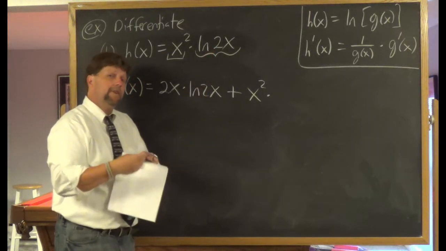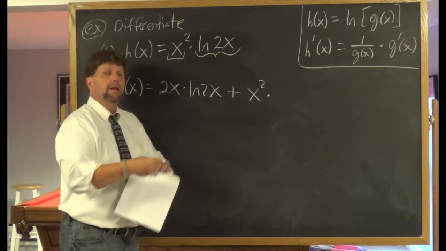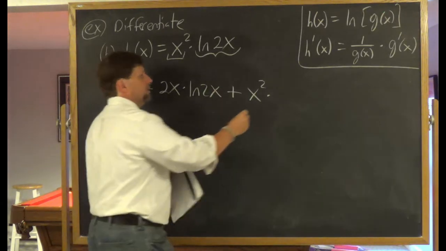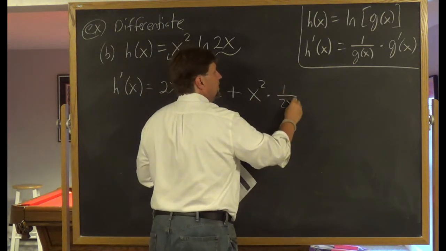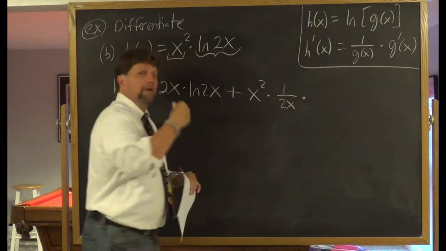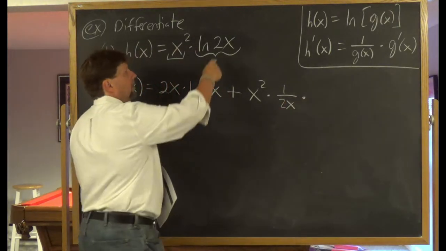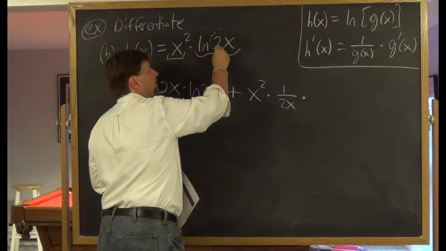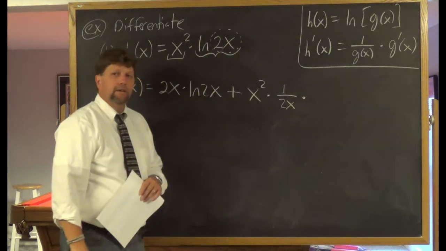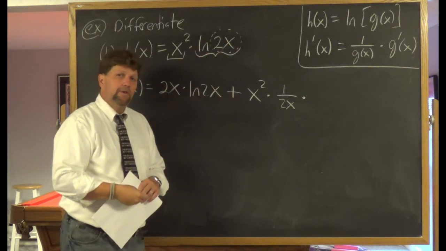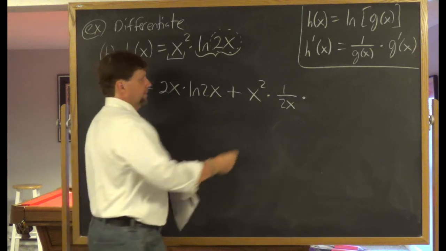So when I do the derivative of ln 2x, the derivative of ln 2x is 1 over 2x times, remember your chain rule, times the derivative of that 2x. Well, what's the derivative of 2x? Just 2.